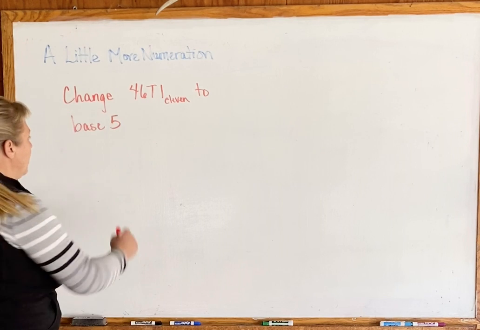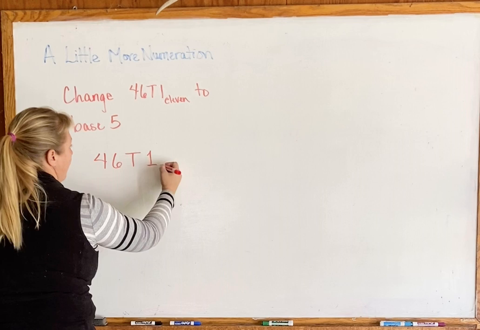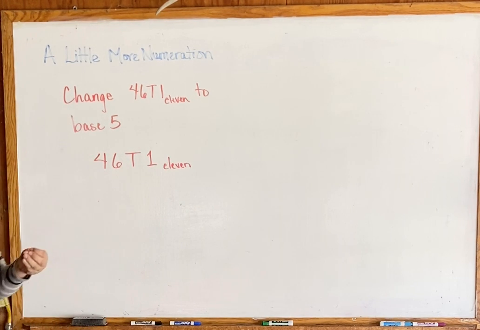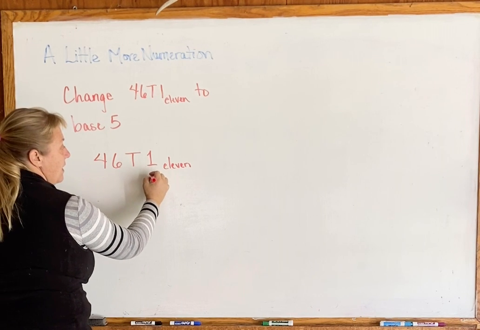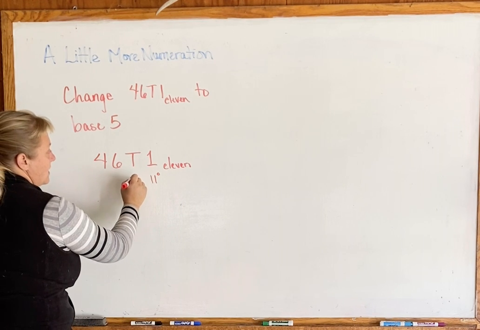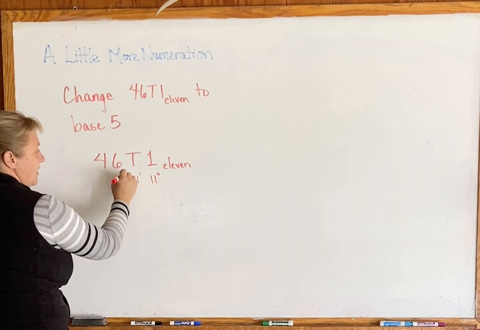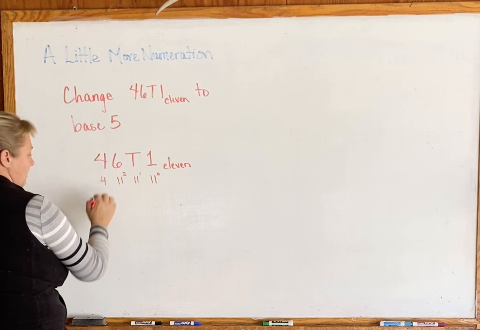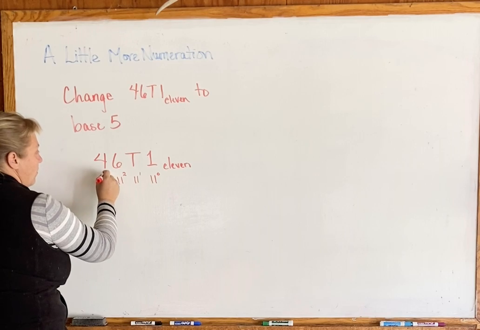So we're going to start with the 46T1, and remember, this is in base 11. We're going to expand this out like we did before. Because this is in base 11, this one is 11 to the 0, this one is 11 to the 1, this one is 11 to the 2, and this one is 11 to the 3.